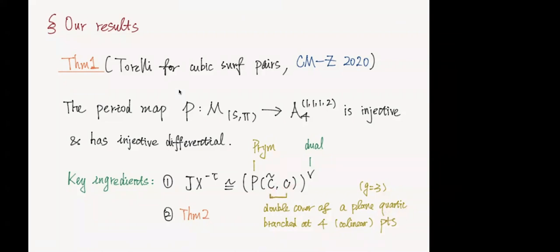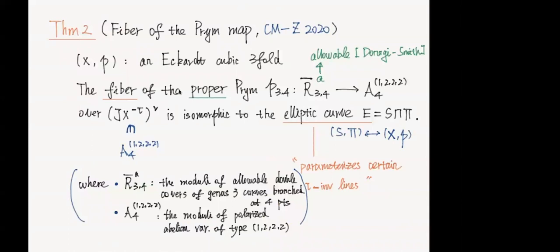So C is a plane quartic, and C tilde is the double cover of this plane quartic branched at 4 points. In the next page you will see that we have some corresponding moduli for this Prym, and the second key ingredient is some theorem on the fiber of some Prym map stated here. So that's our second result.